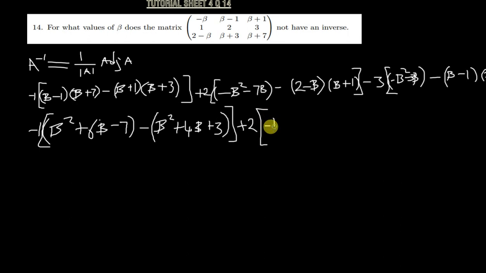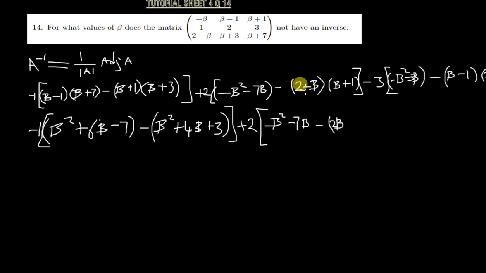So this is going to be negative beta squared, and then minus 7 beta, and then this is going to be minus, open brackets, 2 times beta will be 2 beta, and then plus 2, I'll write it at the end. Let me first multiply this.